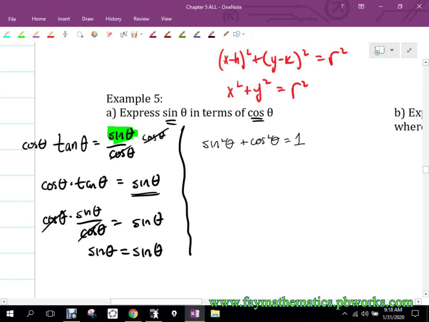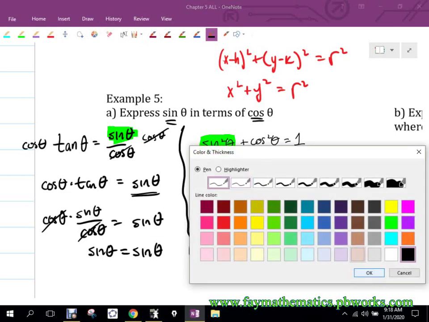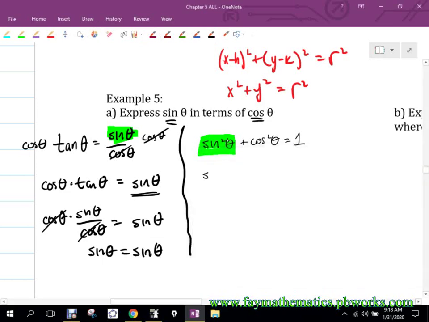So remember, when it says express sine of theta, that means that that's what we're trying to solve for. Trying to get that thing by itself. So algebraically, how do I get that thing by itself? Subtract. So I'm going to have sine squared theta is equal to 1 minus cosine squared theta, right?